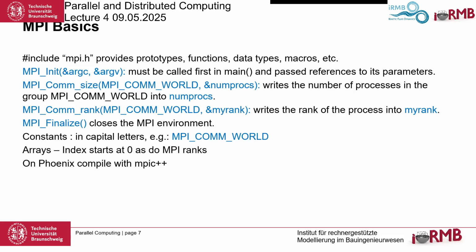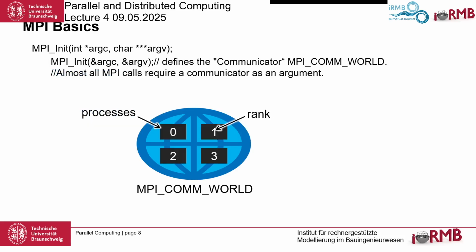And there are a few constants that are defined in MPI.h. The most important of which, because we use it the most often, is MPI_COMM_WORLD. That's just a constant that we are using. As I said, ranks start with 0, and on Phoenix we compile with mpic++. Those are our basics.